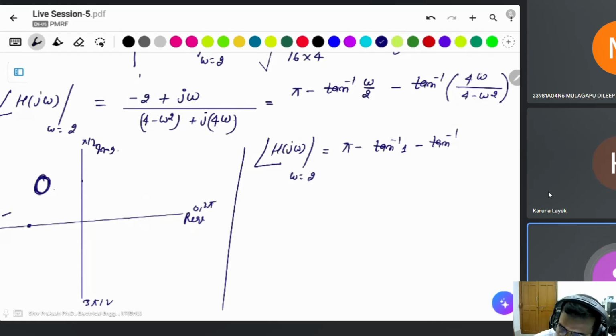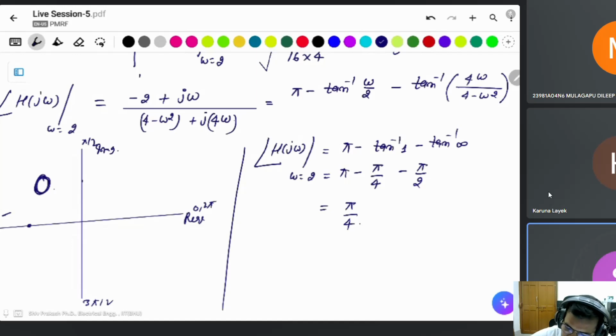Anything divided by 0 is infinity, so tan inverse infinity. This will be pi minus tan inverse 1, which is pi by 4 or 45 degree, minus tan inverse infinity, which is pi by 2. Then 180 degree minus 90 degree, 90 degree minus 45 degree, it means pi by 4.